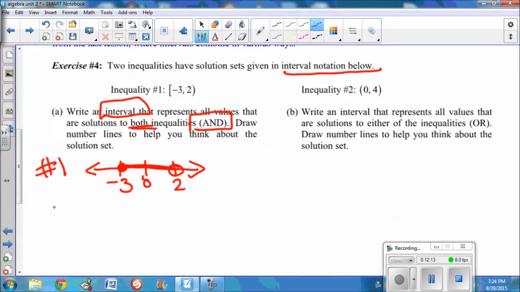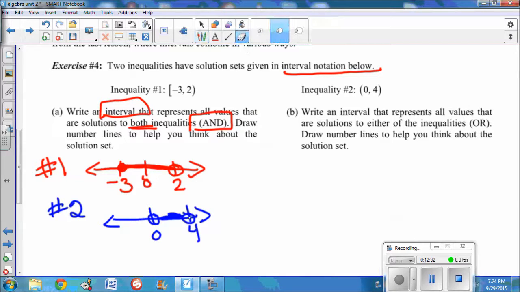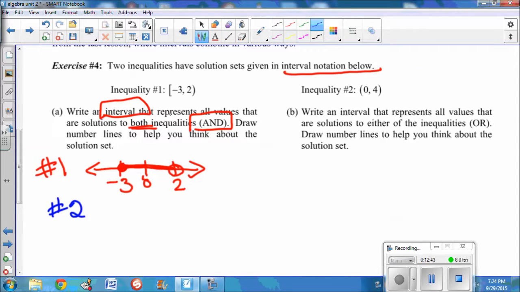Inequality number 2, my 0, that's my starting point, my ending point is 4, don't include, and it's everything in between. I should back that up a little bit. I'm going to erase that because my scale is off. This is a 2 here, and then right below it's a 4, so clearly that's off a bit. So I'll just change colors and keep it on the same number line.